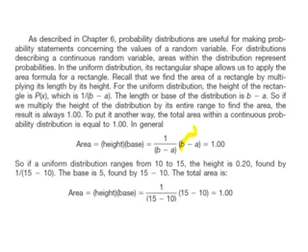So if the uniform distribution, for example, is from 10 up to 15, this means that a equals 10 and p, the maximum value, equals 15. The height will be 0.2, which is equal to 1 over (15 minus 10), and we multiply it by the base, which is 15 minus 10. So the total area under the curve will equal 1.